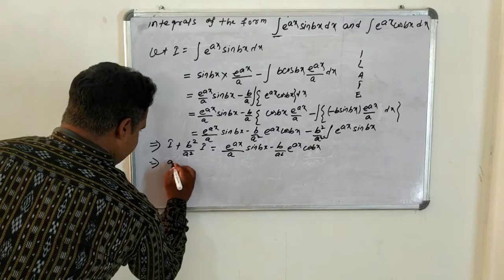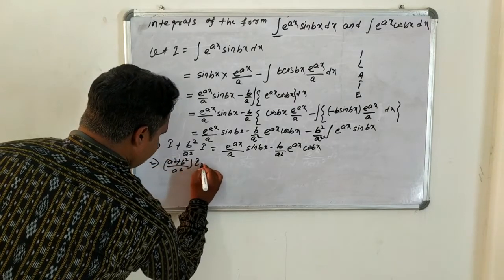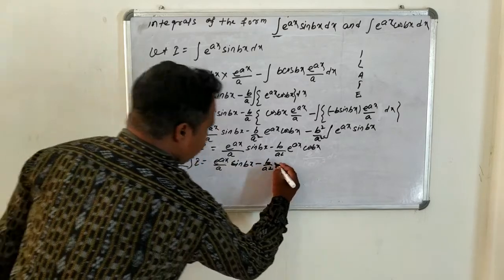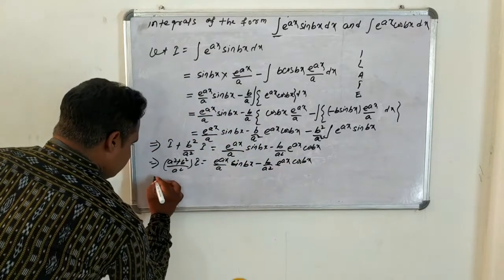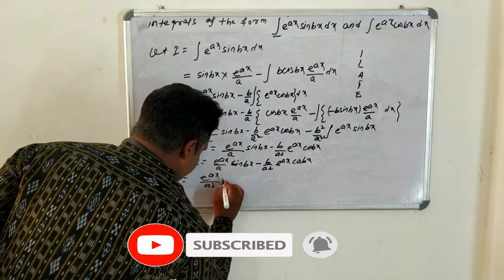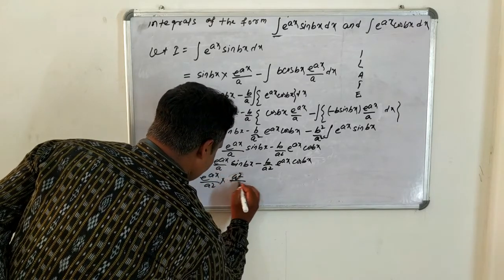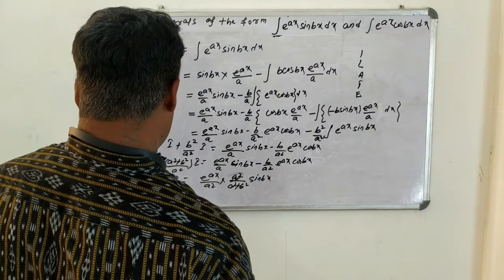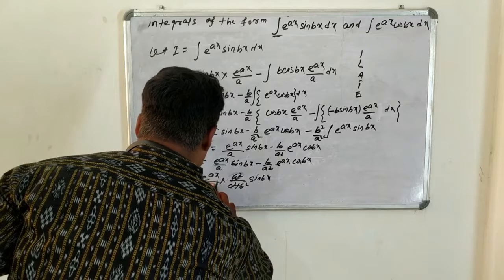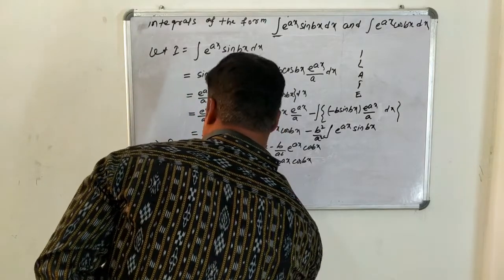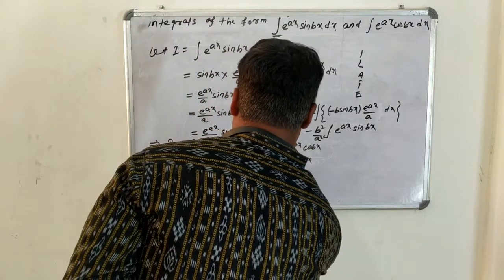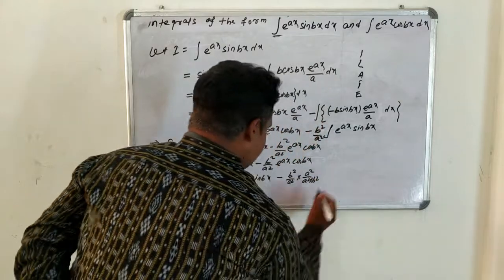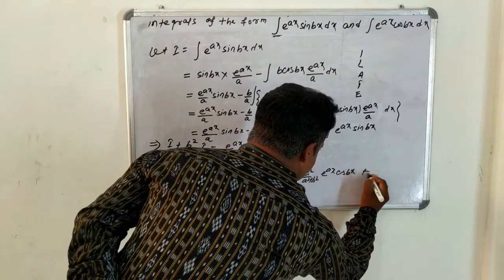So this factor is (a square plus p square) by a square of I, equals e to power ax by a sin px minus p by a square e to power ax cos px. So I equals e to power ax by a multiplied by a square by (a square plus p square) sin px, minus p by a square multiplied by a square by (a square plus p square) e to power ax cos px, plus c, because the integration constant comes here.